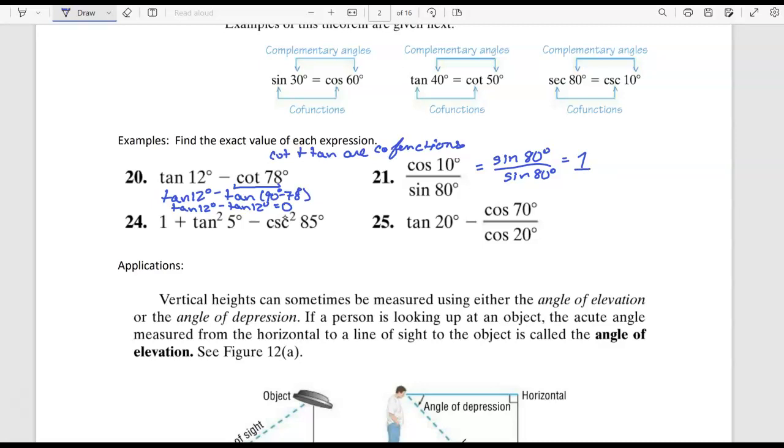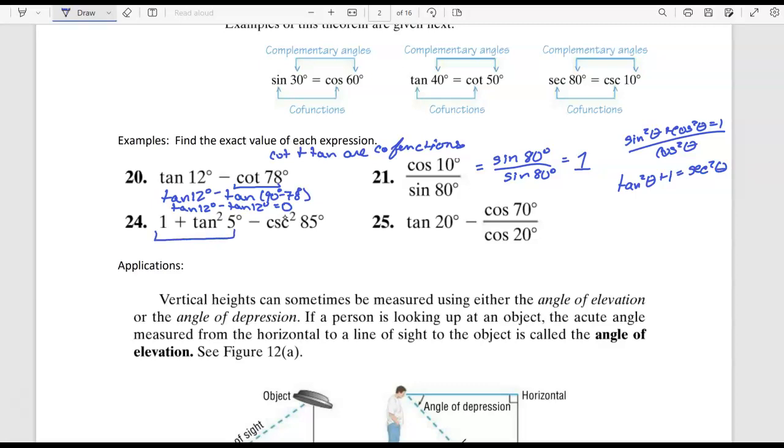Let's look at 24. We have 1 plus tangent squared of 5 degrees minus the cosecant squared of 85 degrees. So if you think back to all those Pythagorean identities, we had sine squared plus cosine squared is equal to 1. And if we divided everything by cosine squared, we're going to get tangent squared plus 1 is equal to secant squared.